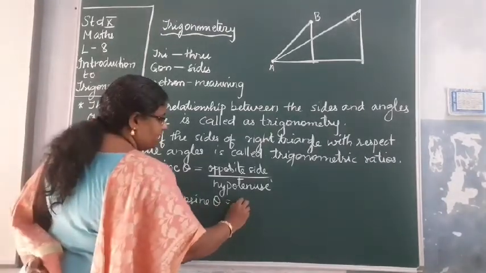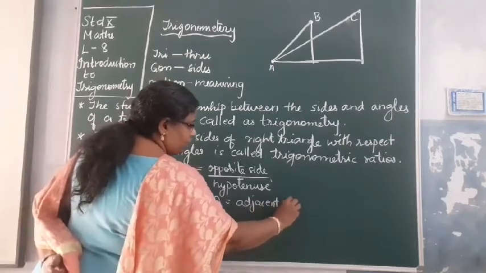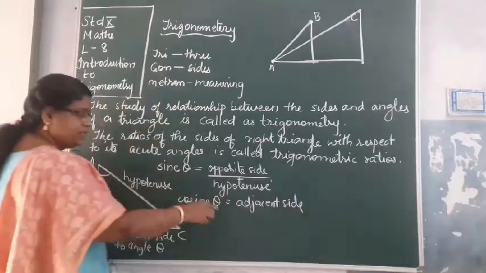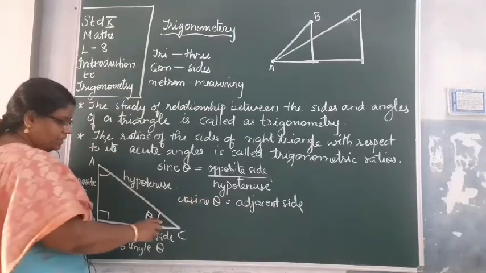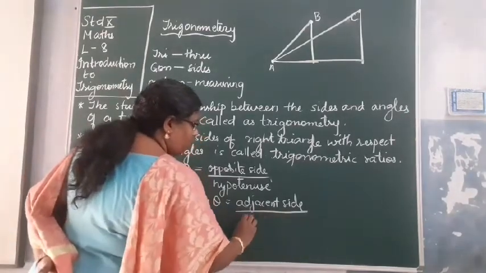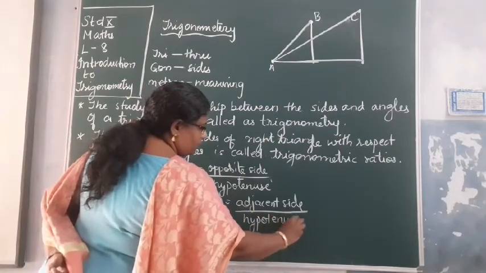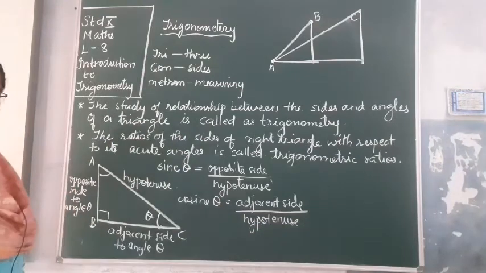Okay? Now cosine theta will be represented as, cosine theta is the next trigonometric ratio. It is represented as adjacent side. When I say adjacent side, it is with respect to theta. Okay, with respect to theta, this is the adjacent side. Adjacent side upon hypotenuse. ठीक है?